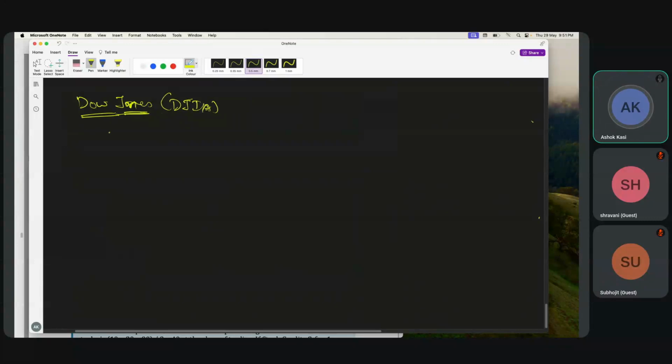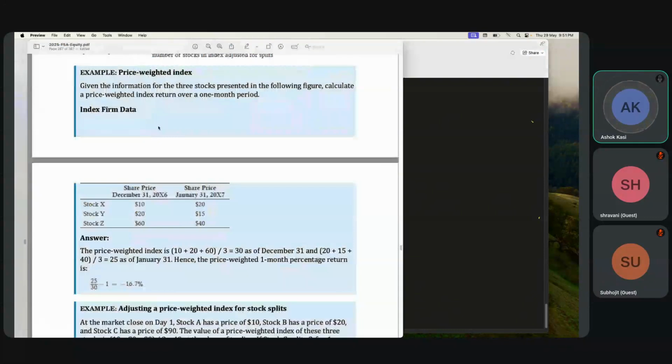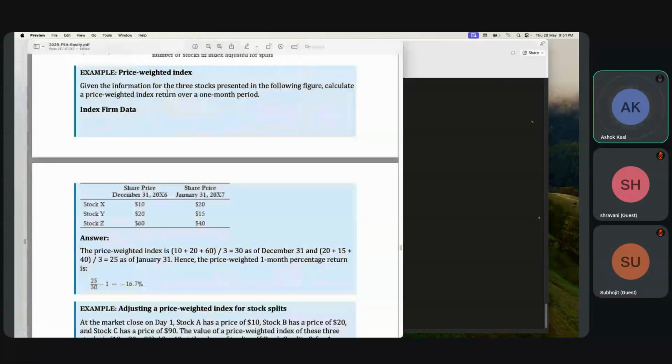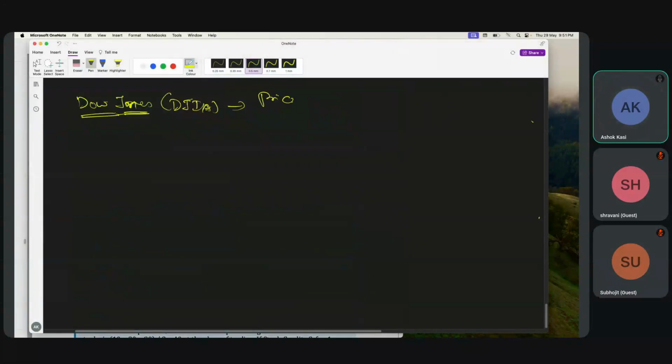Now, how is the price calculated here? They follow a price weighted index. Nifty 50, Sensex, or S&P 500 in the US follow a market capitalization weighted index.